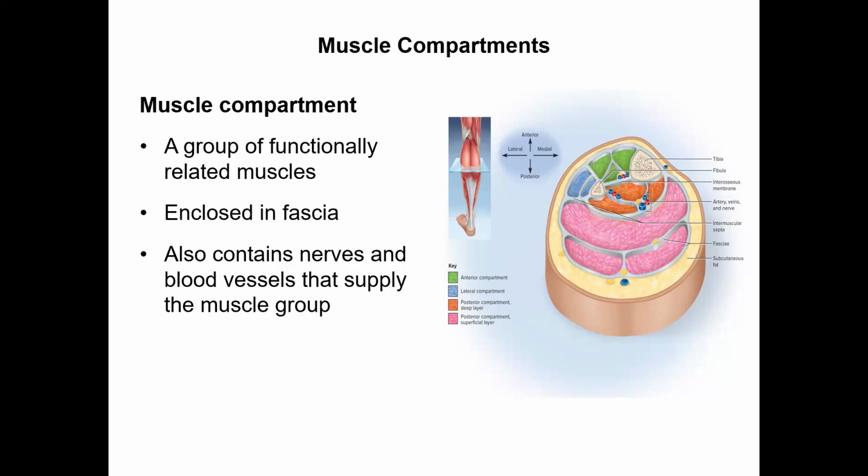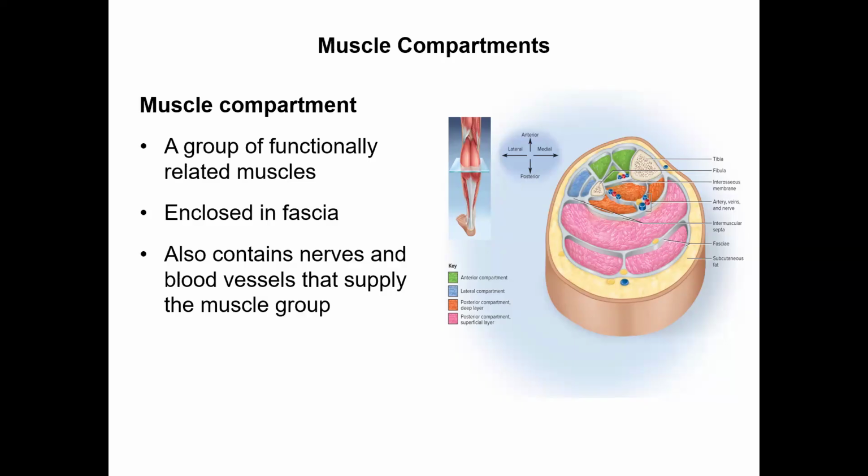So you have a group of muscles which is functionally related. And I told you the muscle groups which have the same function are enclosed in the fascia. The reason it's enclosed in the fascia is because those muscles are performing a particular function, and there's a nerve which supplies it, which causes that muscle to contract.